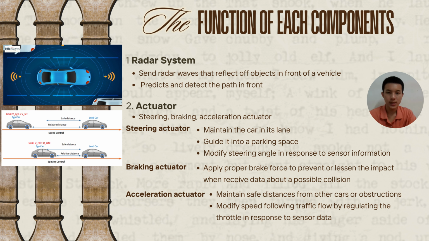The braking actuator will apply a proper brake force to prevent or lessen the impact when it receives data about a possible collision. The acceleration actuator helps to maintain a safe distance from other cars or obstructions, modifying the speed following traffic flow by regulating the throttle response.